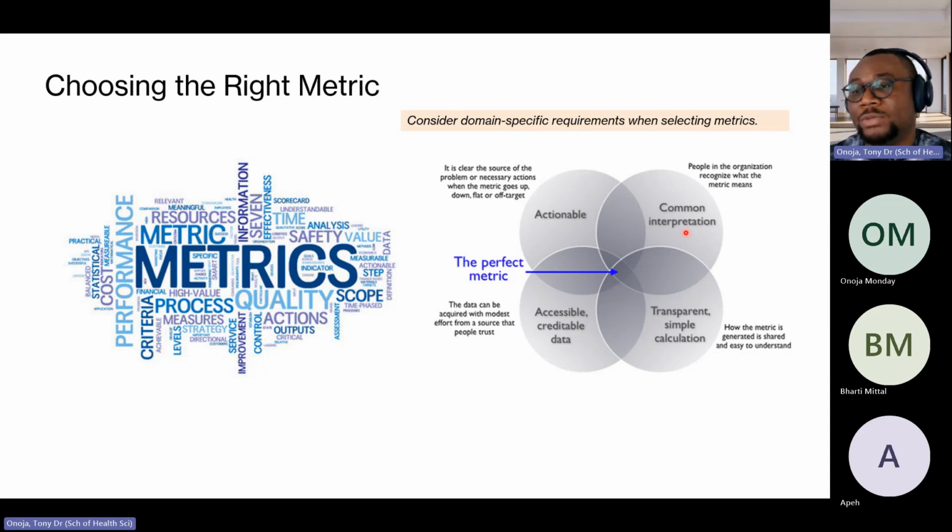So make sure the metrics that you're picking suit the particular scenario that you are working on. Then transparent: how the metric is generated, shared, and easy to understand. So make sure that it is transparent. You can share your code so that someone can also see what you're doing. It's not just shrouded in secrecy.